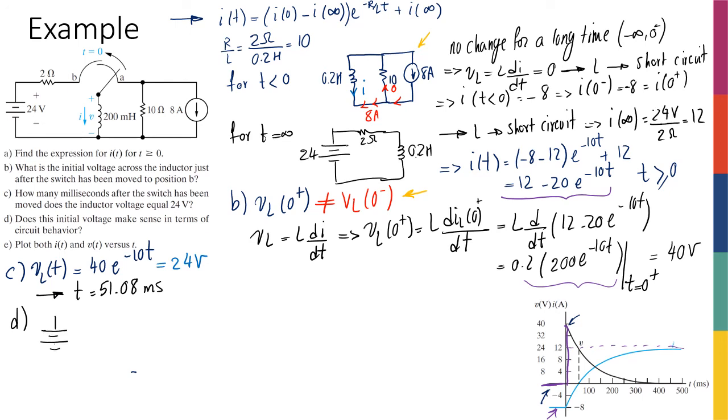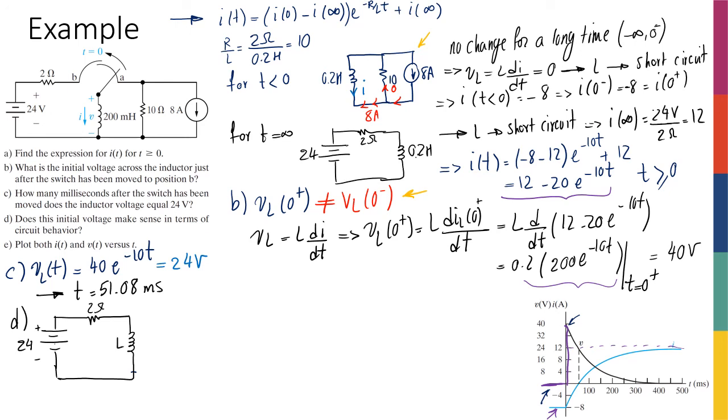I have this voltage source, 24 volts here, I have this 2 ohm resistor, and I have this inductor L here.